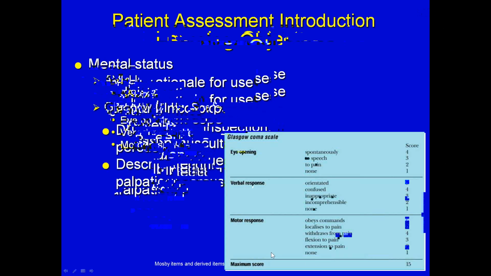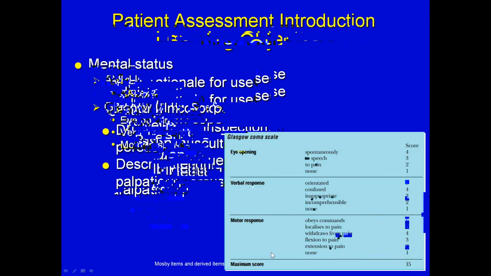So what I like to do, certainly when eliciting a painful response, is to squeeze the trapezius muscle or do an old Spock pinch in the neck, in that big muscle in the neck. By pinching the trapezius, I'm going to get one of 5 responses, which will answer all my motor responses in my Glasgow Coma scale.